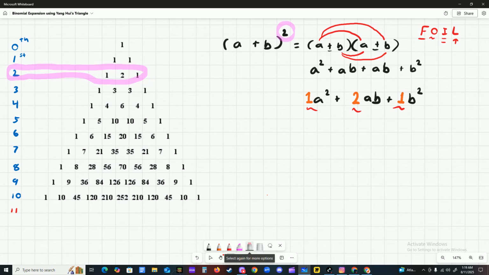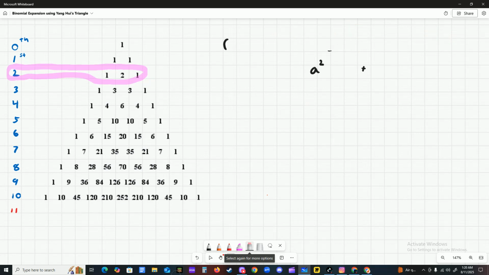So this is a quick way to multiply binomials because past the second power, even the third power, past the third power, it gets really hard to keep track of all the multiplication. So this is why we use Yang Hui's triangle. So let's do an example.